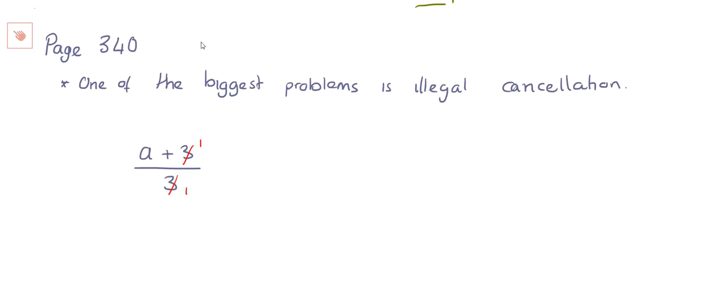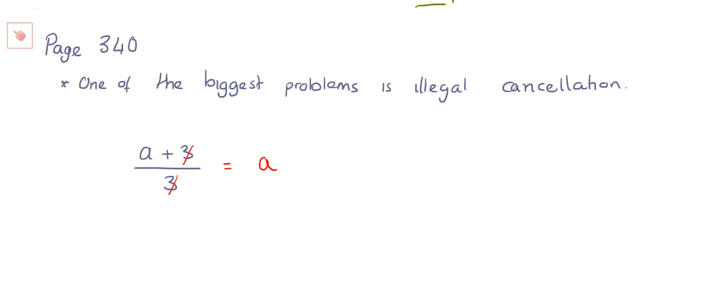And some people cancel it out, 3 and 3, and it just becomes a. That's what some people think. Because they just, poof, magically disappear. The 3 cancels the 3 out.